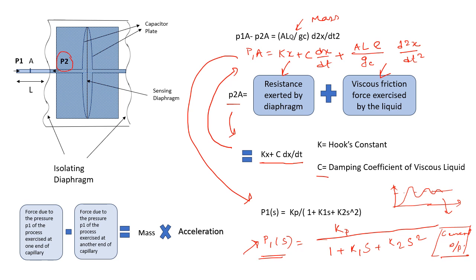That's why it is very important to properly tune your transmitter. Most manufacturers nowadays with electronic transmitters do it very efficiently, and you hardly see so much variation in the output. But if it is there, you need to look into the parameters that you can change within the transmitter and tune your pressure transmitter or DP transmitter properly.